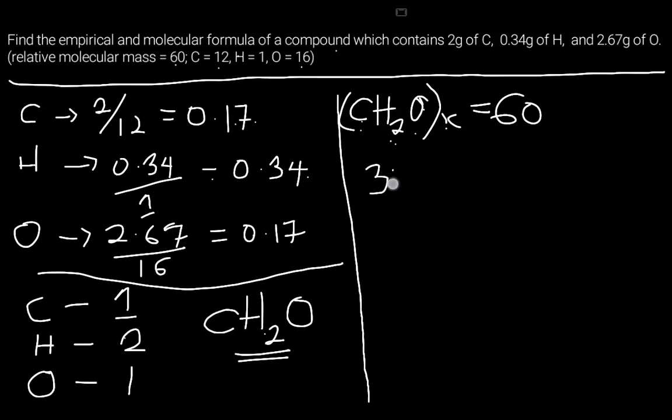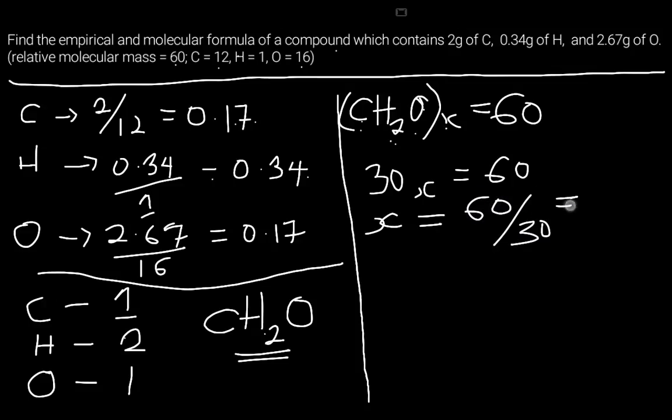So 30X equals 60, so X is equal to 60 over 30, which gives 2.